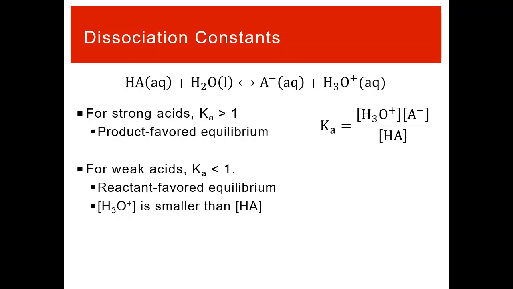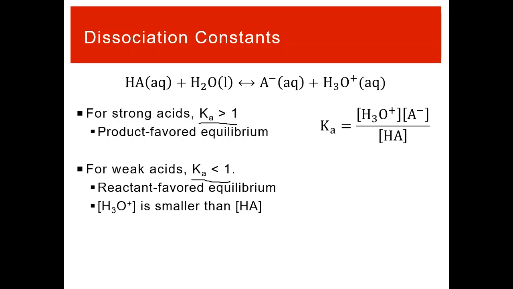Defining these dissociation constants, Ka, also lets us distinguish between strong and weak acids. So we've already said strong acids, when they react with water, go to products. That means the equilibrium constant, the Ka, is greater than 1. So it's a product-favored equilibrium, and weak acids are distinguished by having a Ka that is less than 1.